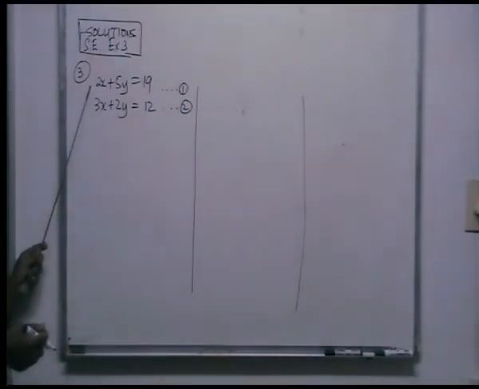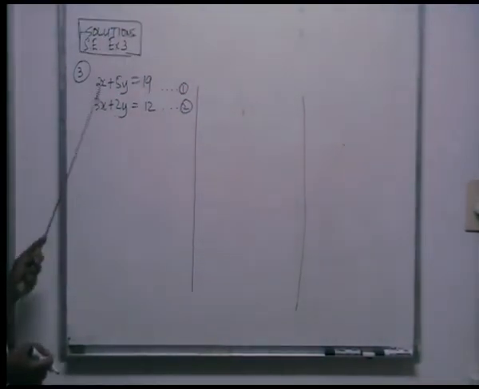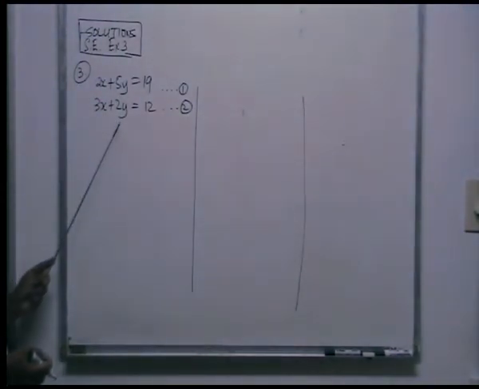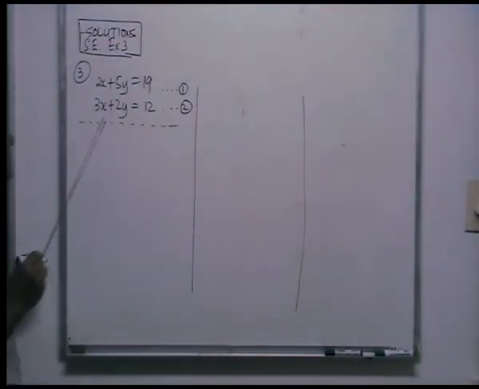If I take number 1 and put it in number 2, it'll be fine, and maybe I'll work with x. If I decide to take 2 and put it in 1, then maybe I'll work with y. So I've got two choices. But what we're going to do is we're going to put 1 in 2.